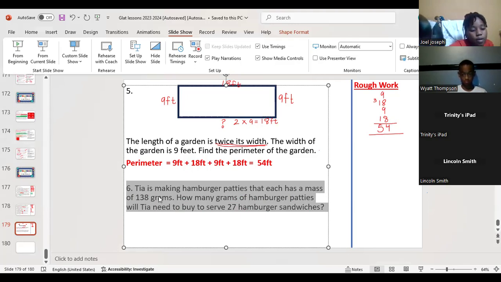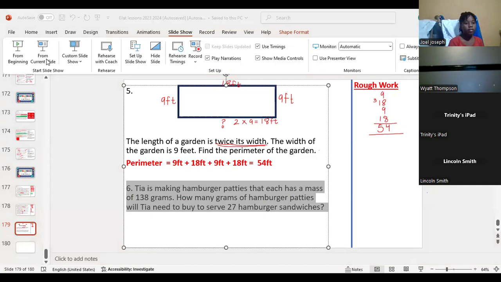Okay, anyone else? Legacy, how do you think we're going to answer this? Maybe 138 times 27, maybe. I think either add or multiply. Either one of those two.